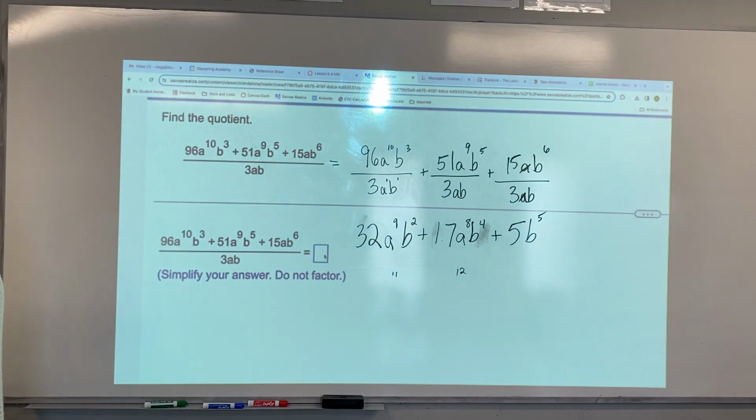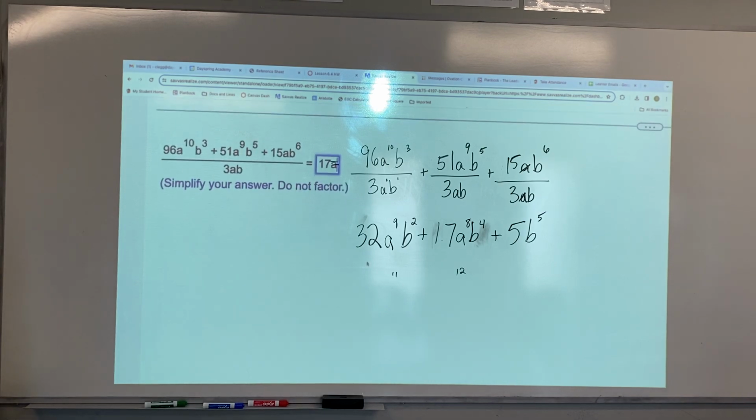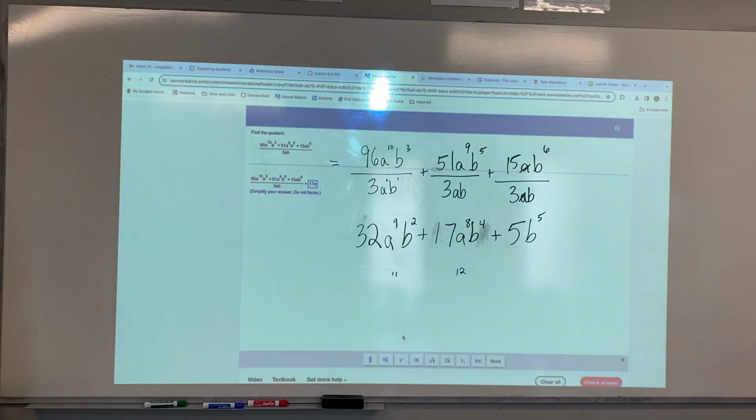I got it right and you're done. Just making sure the answer key accepts the correct answer as correct. Plus 32.